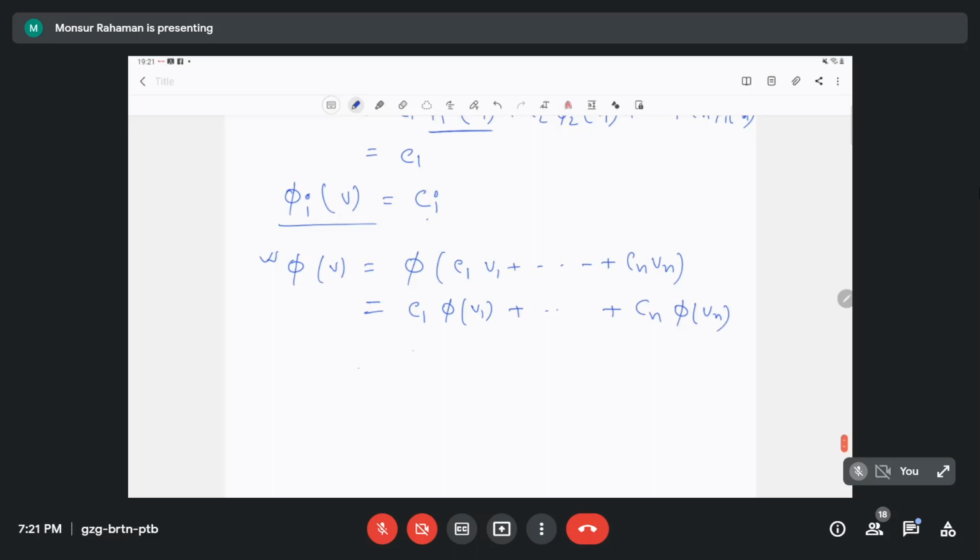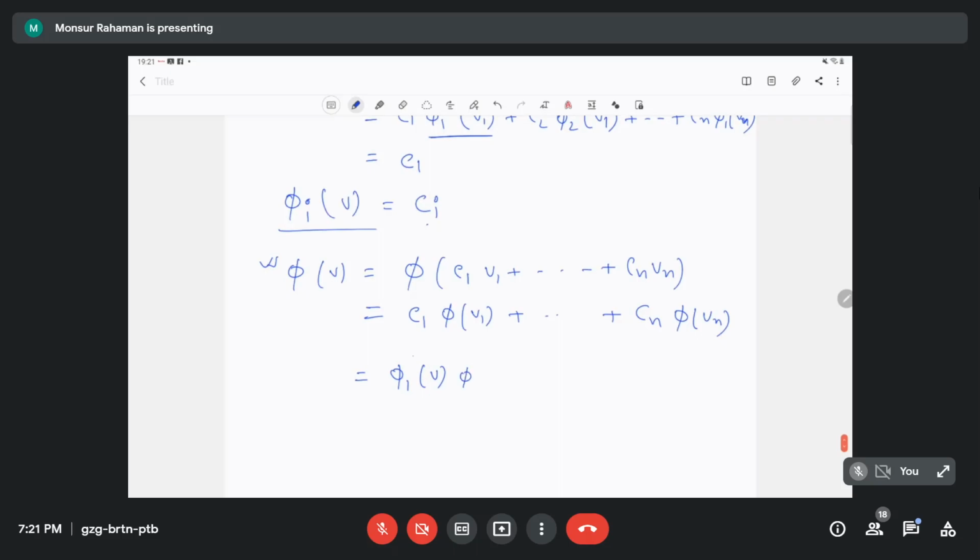So this is phi 1 v times phi v1. For the next term, you can write phi 2 v times phi v2, plus dot dot, and for cn, you can say phi n v times phi vn.